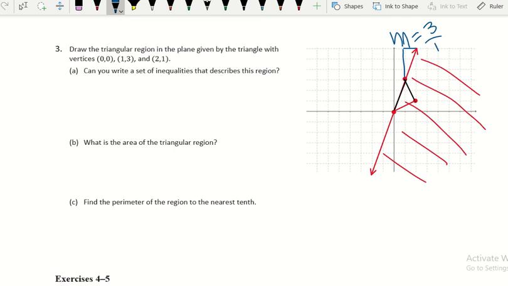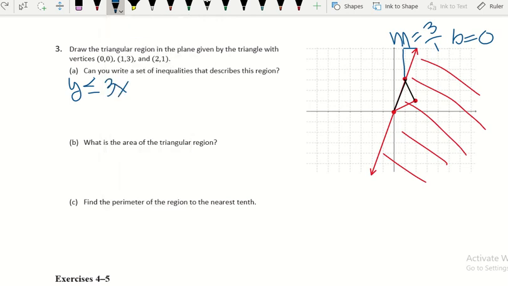And the y-intercept is crossing at 0. And we're shading down. So our first inequality is going to be y is less than or equal to, because we're shading down, and then 3x plus 0. Or just 3x.